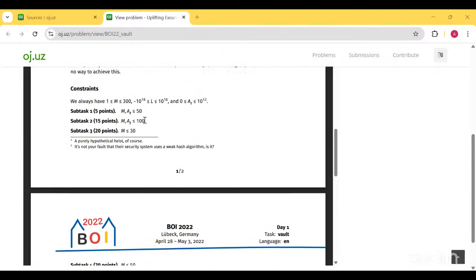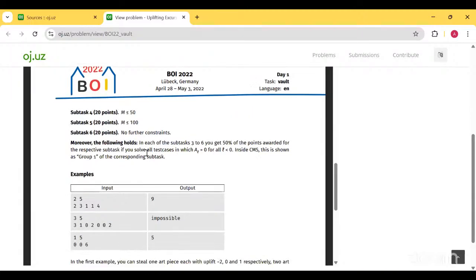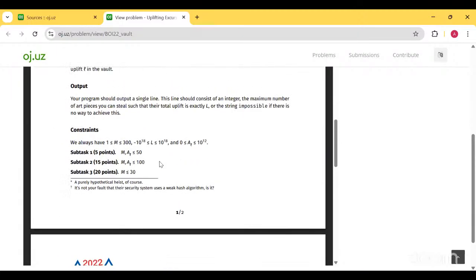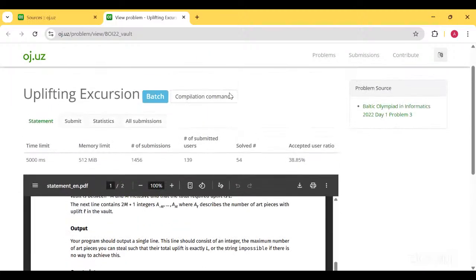Yes, for this case it is small. Can we use knapsack? Minus, yes. The value can be minus. All right.